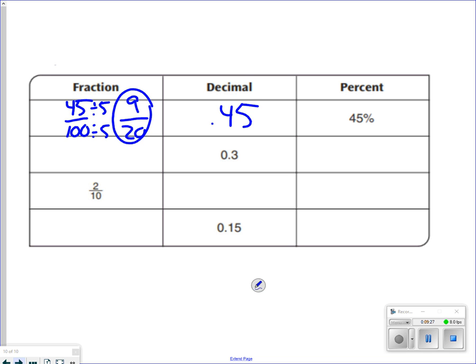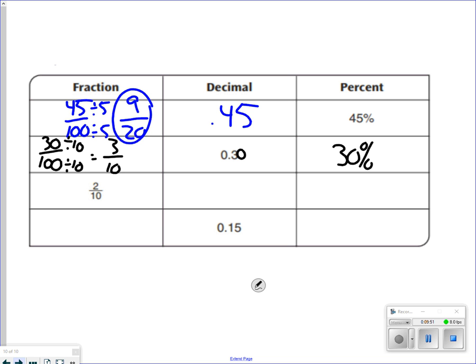This next line has 0.3 as my decimal. Well, what would that look like as a percent? I'm going to change this 0.3 into 0.30, which means my percent is 30%. 0.30 would mean I'd have 30 over 100 for a fraction. But if I divide both of these by 10, my answer is 3/10.